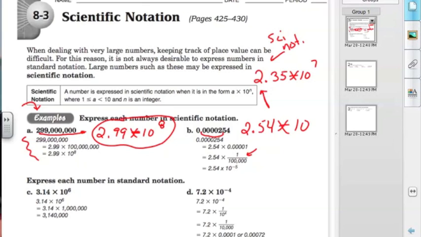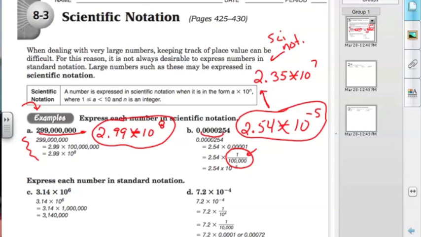Well, we moved it 1, 2, 3, 4, 5 places. And you have to think that it's really a number that's less than the value of 1, so it's going to be a negative exponent because of this whole scenario. We're dividing by small pieces. So it is 2.54 times 10 to the negative 5th.